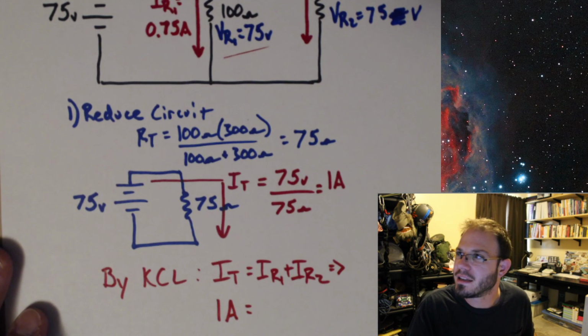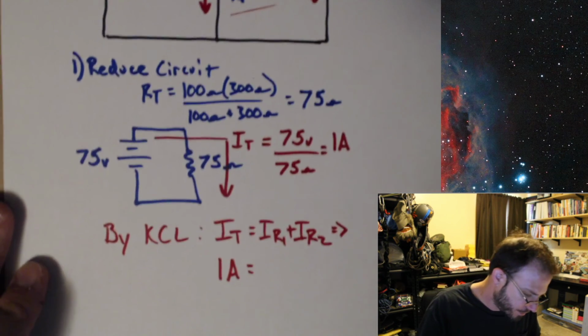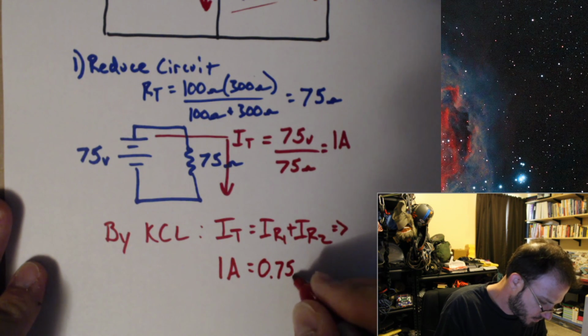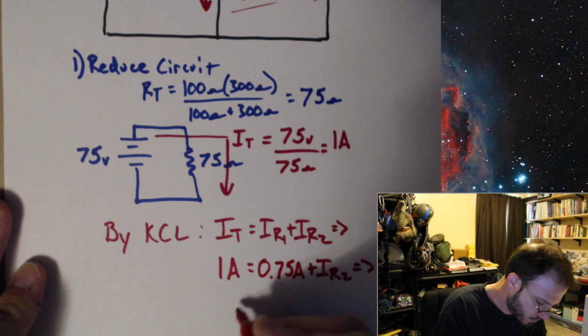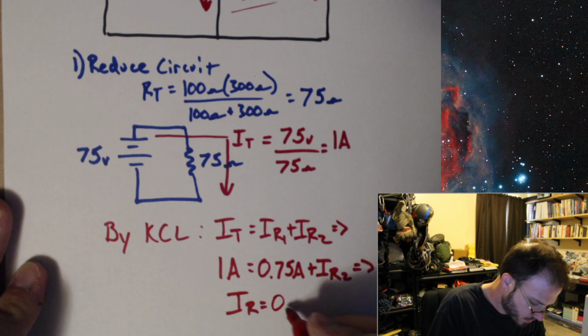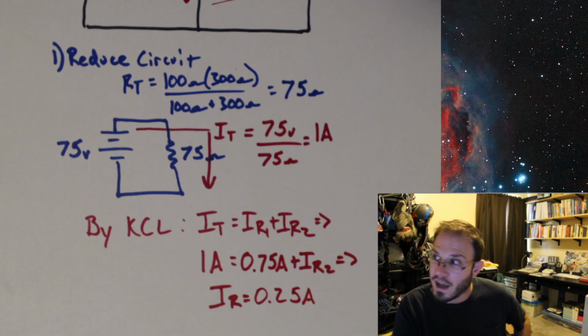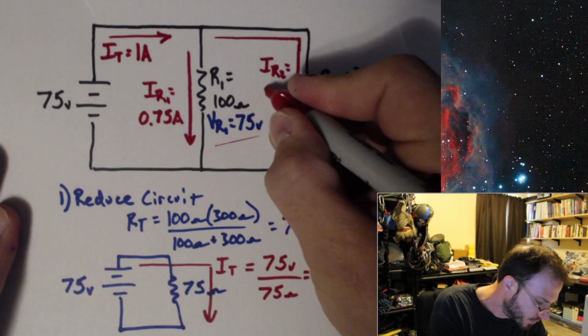So 1 amp is equal to IR1 plus IR2. So we know that it should be 0.25 amps. Let's put that in here.